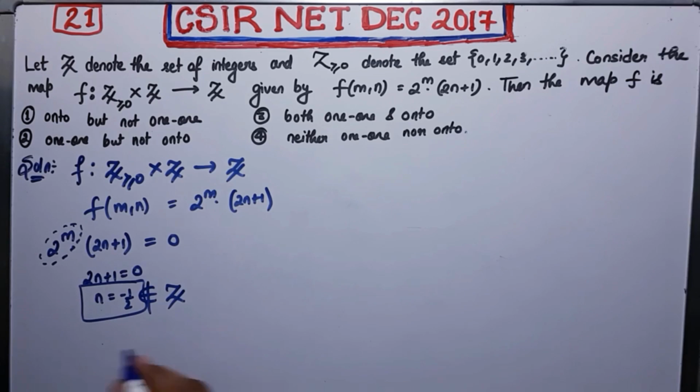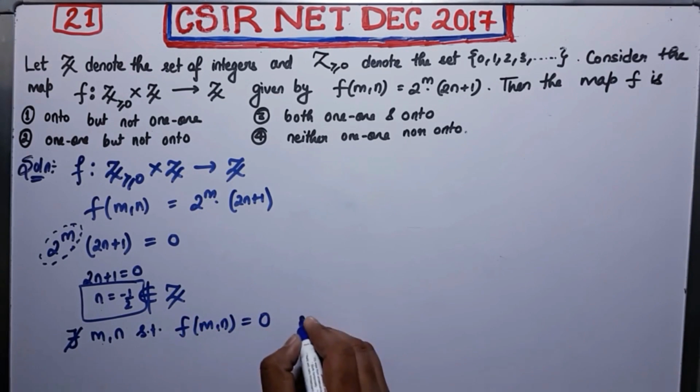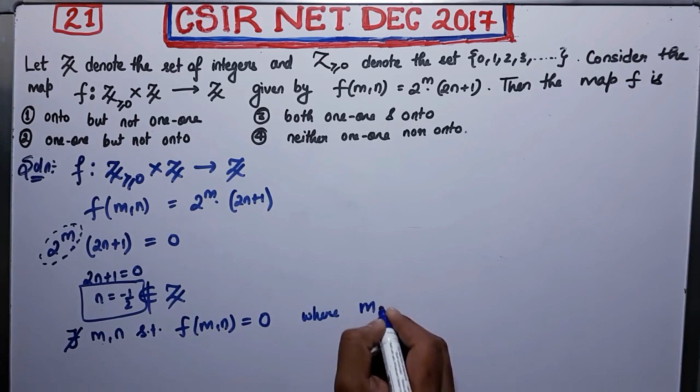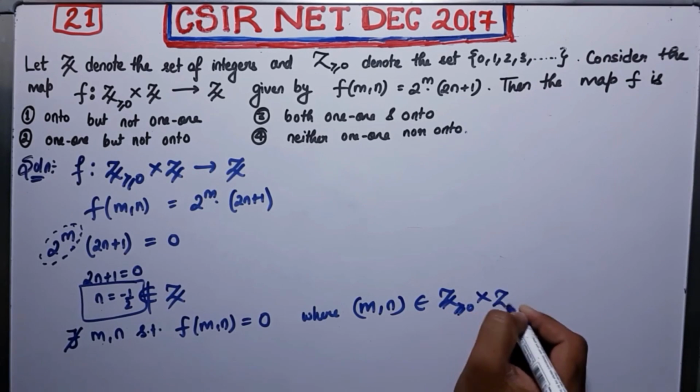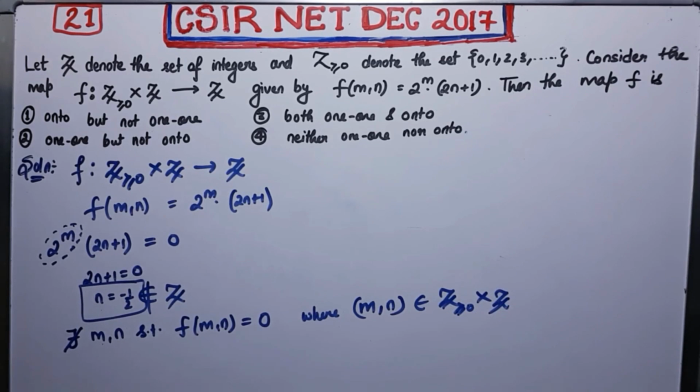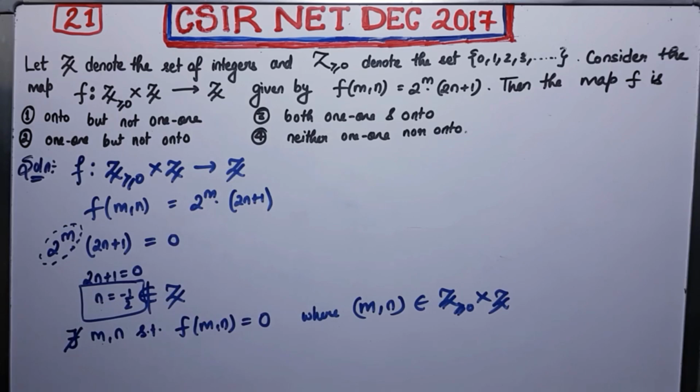So this means there does not exist m comma n such that f(m,n) is equal to 0, where m comma n belongs to Z greater than or equal to 0 cross Z. This is what is given to you. Okay, so from here what you can conclude, that 0 will never come in the image of this f. That means 0 does not have a pre-image.